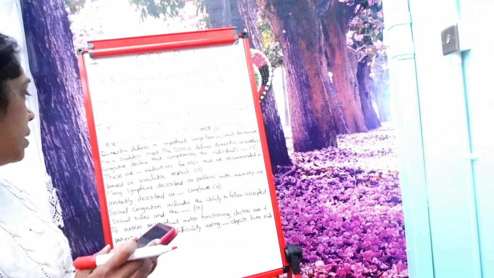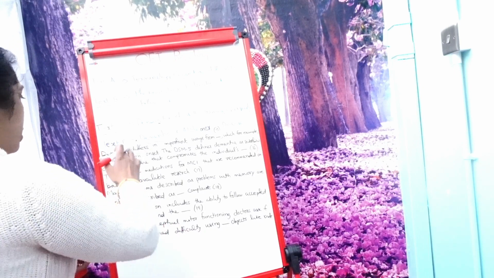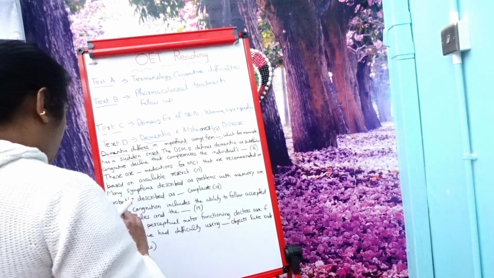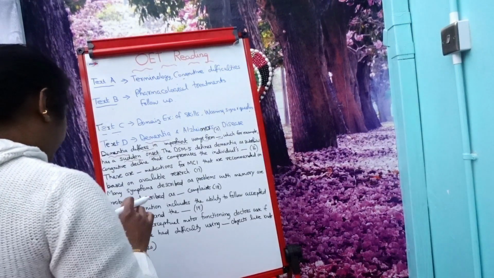It's really a heartbreaking situation. You don't know who you are, where you are, you feel like you are in a strange situation, so they are getting panic, that's why they are getting agitated. So that acute confusional state is called delirium. Okay, so it says in the passage, text D. So what's the answer?